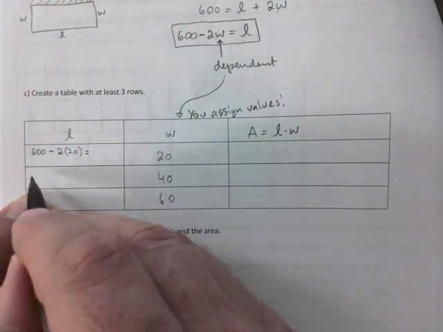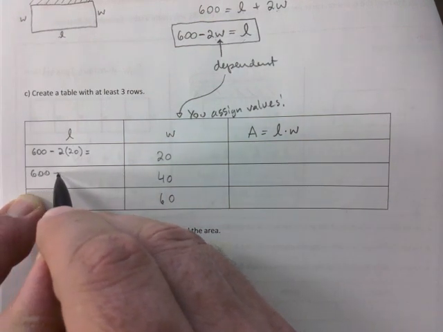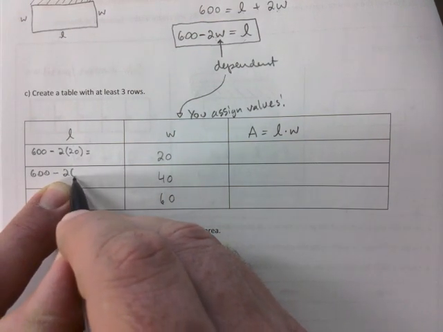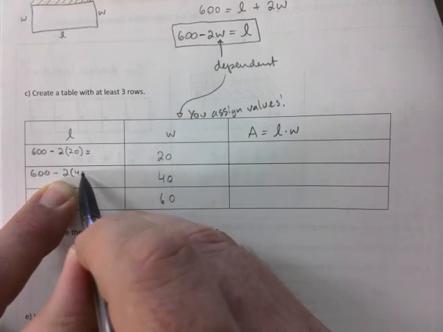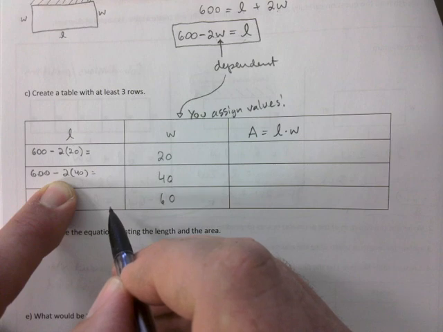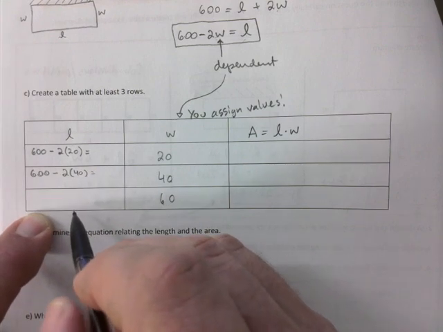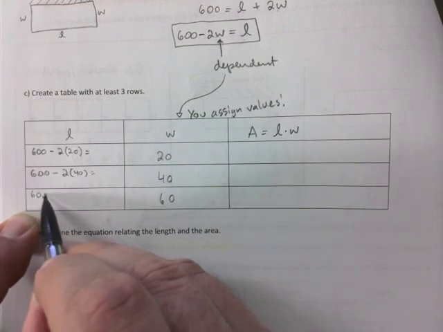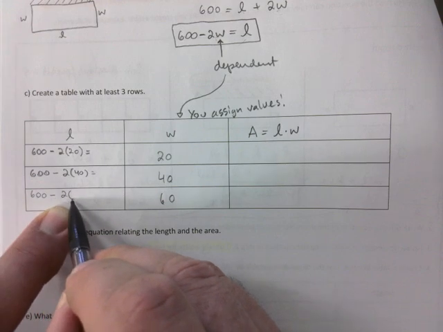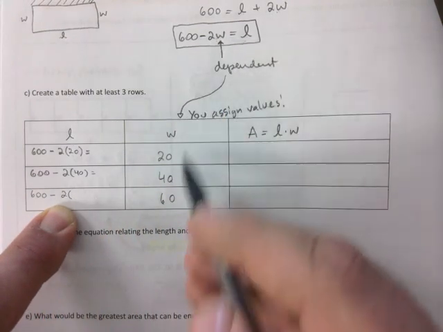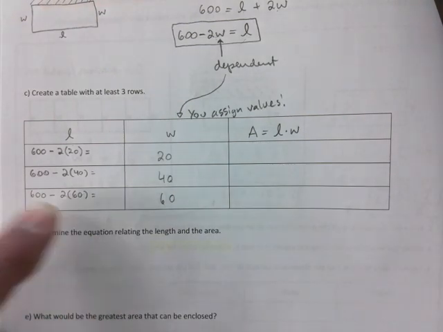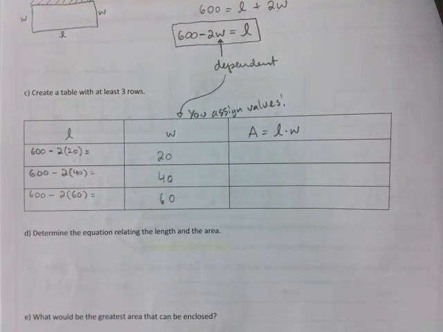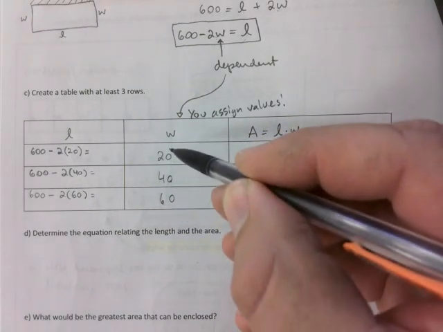Next step, 600 minus 2 times, in this case I made the width 40, so I'm going to go 40. Next up, 600 minus 2 times W, which is 60. And so you basically figure out length based on what you determine to be the width.